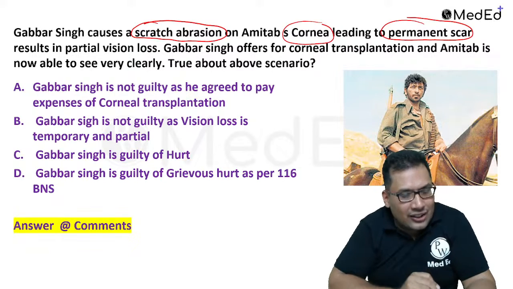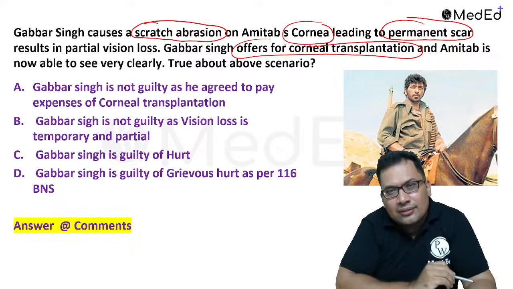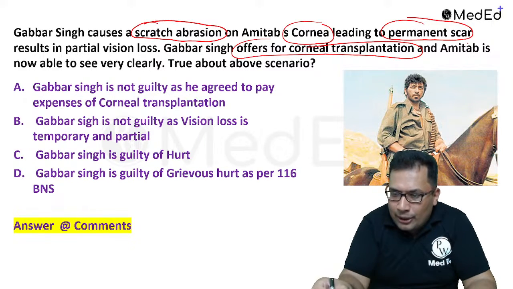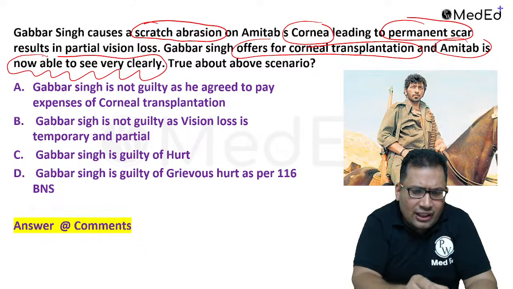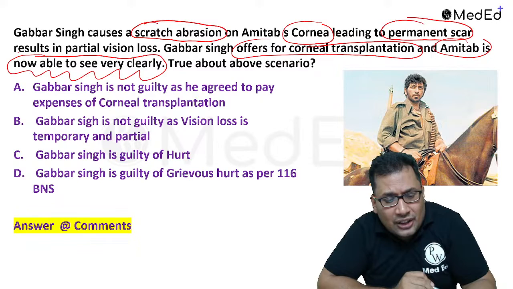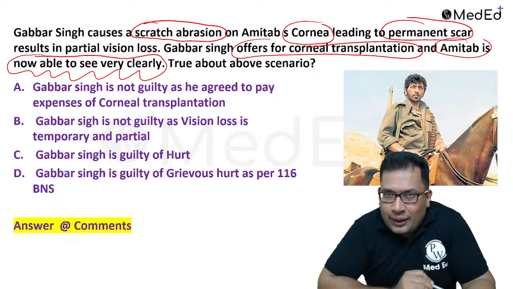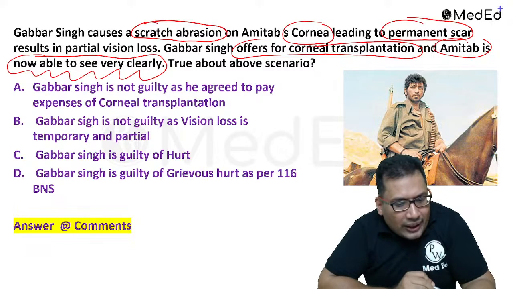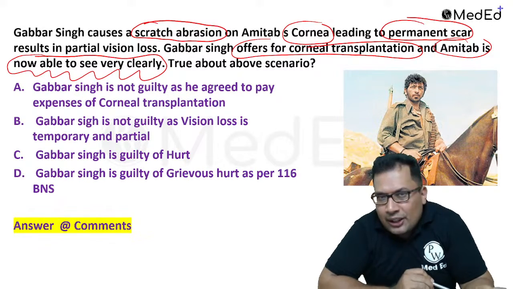But here, very interesting, Gabbar Singh offers corneal transplantation, and Amitabh is now able to see very clearly after corneal transplantation. Which is true about the above scenario? Option A, Gabbar Singh is not guilty as he agreed to pay expenses of corneal transplantation.